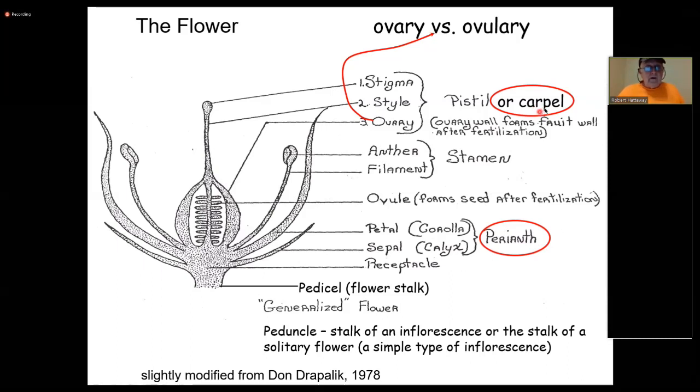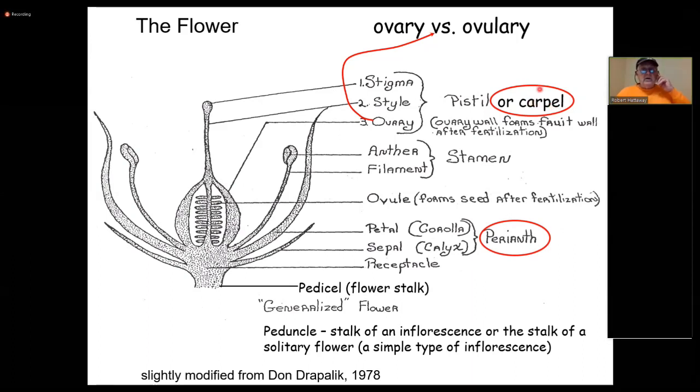Carp, C-A-R-P, stands for the digits of your hand, which is spelled C-A-R-P-A-L, but here it's spelled C-A-R-P-E-L. If you look up the word, it refers to your hand, but it also refers to fruit. And that's the case it's used here.